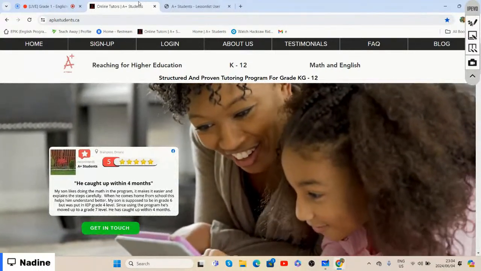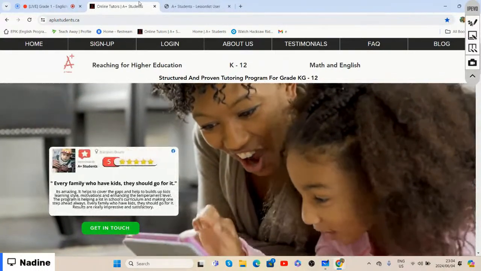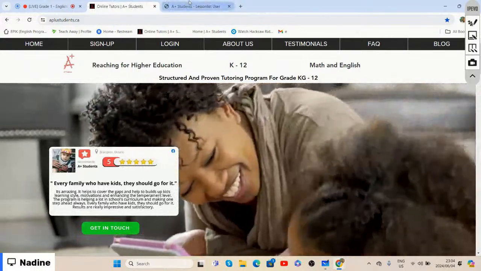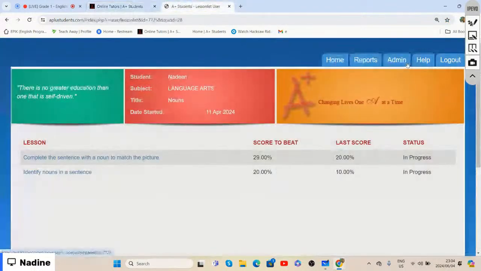The chapter that we will be focusing on is nouns.